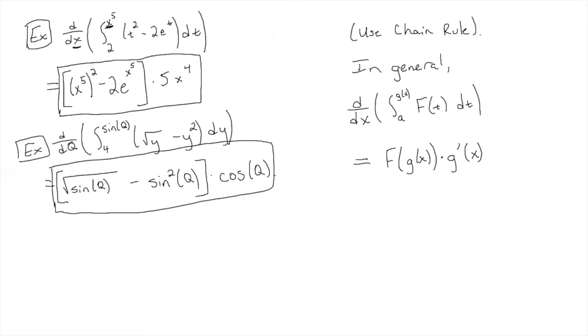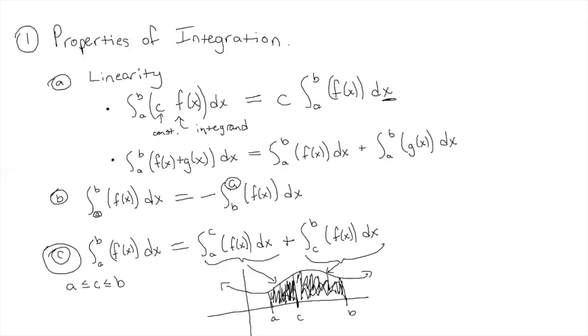Now, earlier I showed you the splitting trick with integrals. And I said that it had to be the case that c was in between a and b. C has to be between a and b for the integral argument to work. However, this doesn't have to happen.